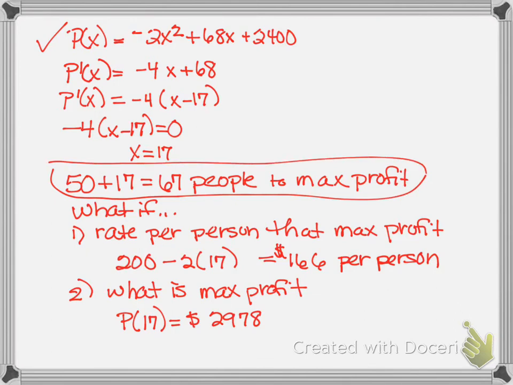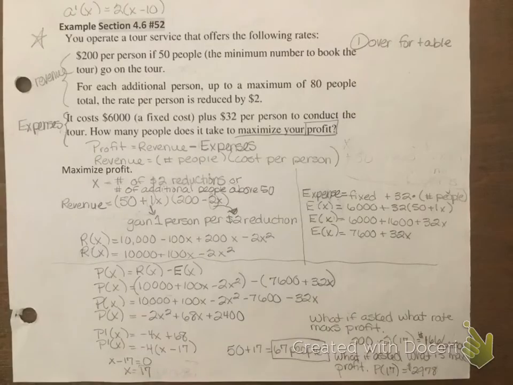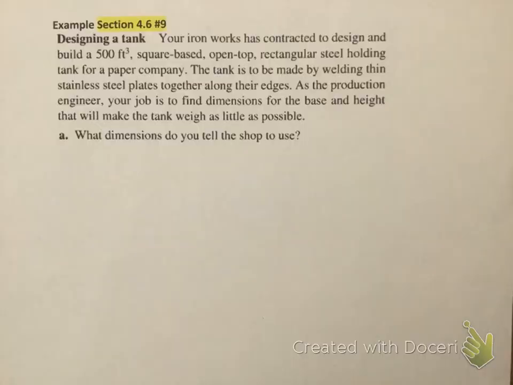So let's look at 2 more that have to do with some engineering questions. Designing a tank. Your ironworks has contracted to design and build a 500 cubic foot, square-based, open-top, rectangular steel holding tank for a paper company.